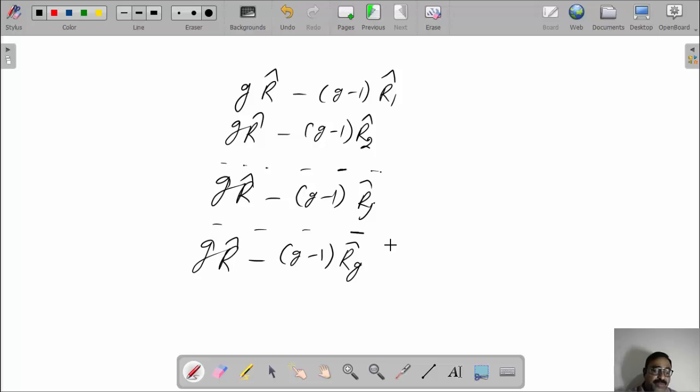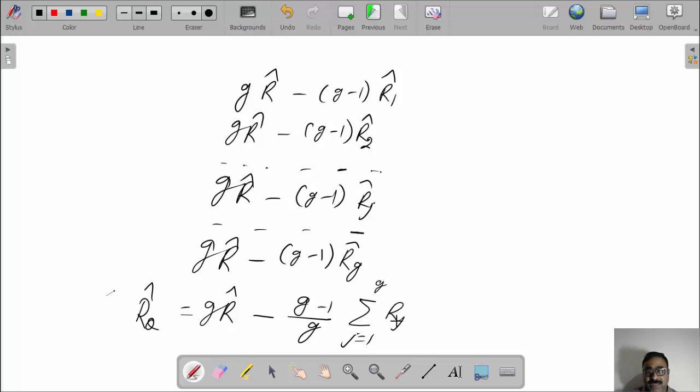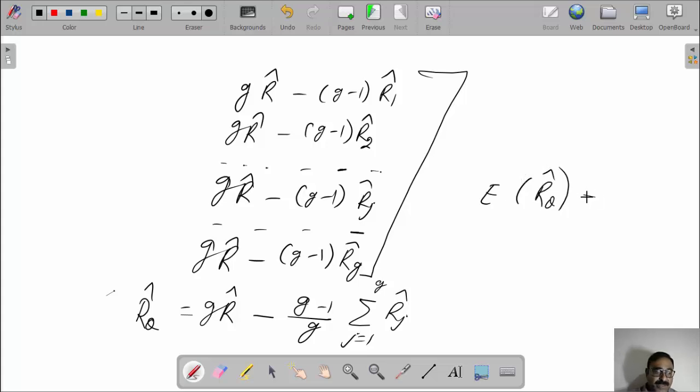Now from these we can consider the Quenouille estimator for the population ratio R as r_Q cap equals g r cap minus g minus 1 by g summation j equal to 1 to g r_j cap. So this is the average of all these estimators. So expectation of r_Q cap equals R up to order n inverse. So up to order n inverse, the Quenouille estimator r_Q cap is an unbiased estimator of the population ratio R.